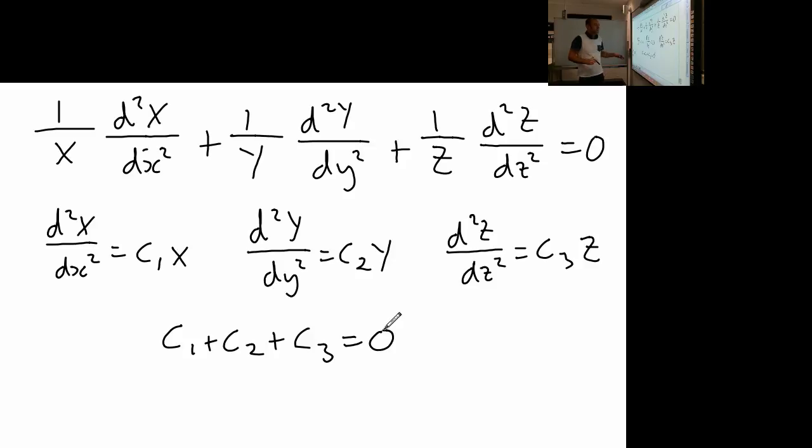So what we've just done is we've separated the variables, and now we must solve for these constants so that we determine what X, Y, and Z are so that we can obtain our solution.